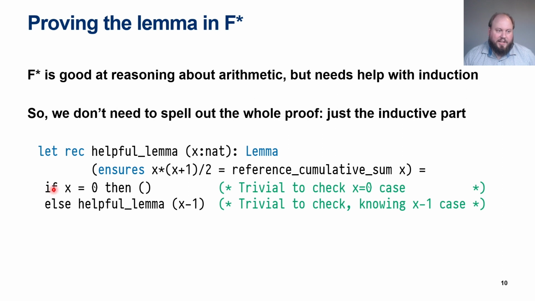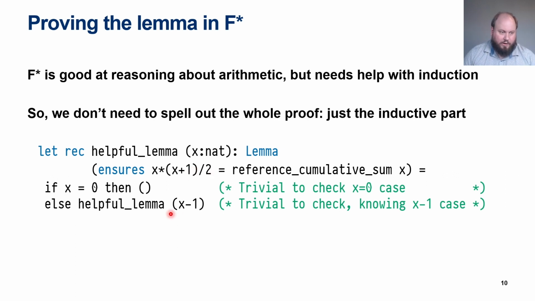So we say if x is equal to 0, then, well, does this hold? Well, yes, it's just this arithmetic statement that reference cumulative sum of x, which the prover can see is equal to 0 just by executing it.